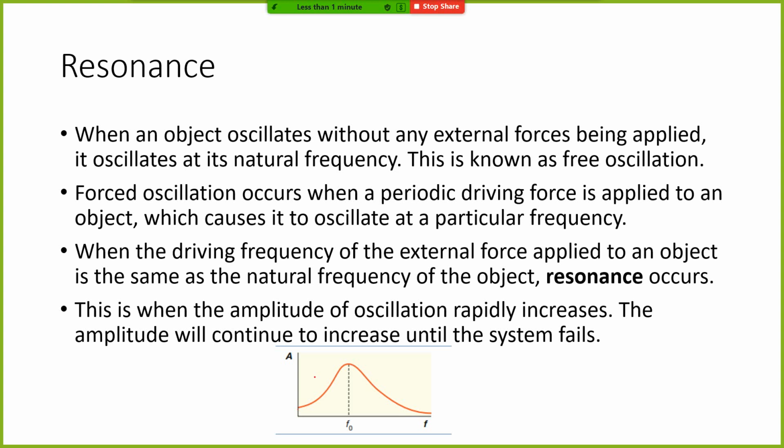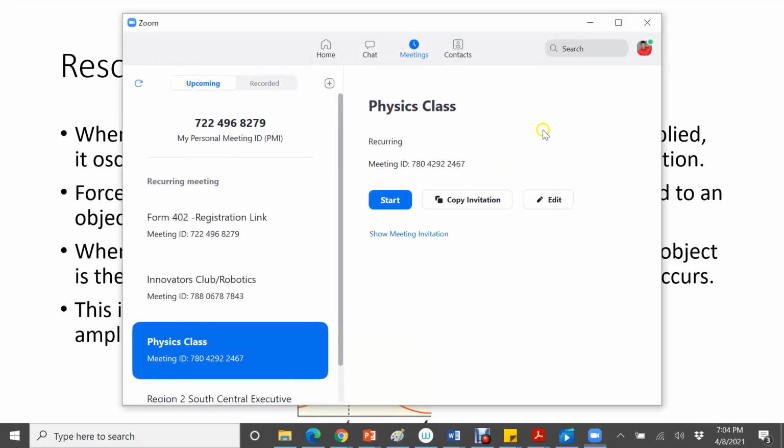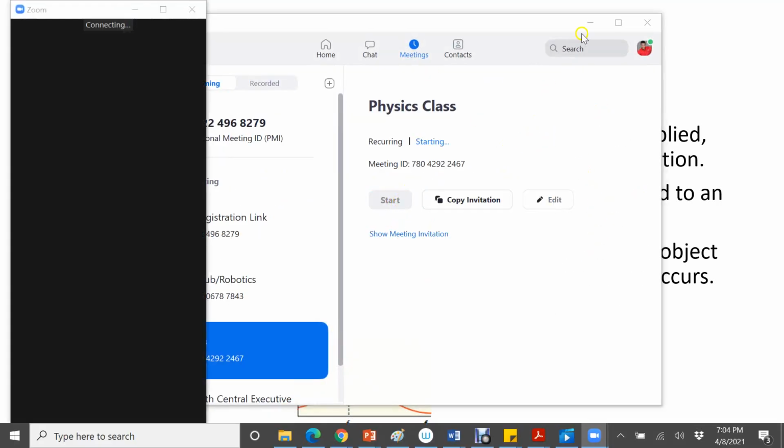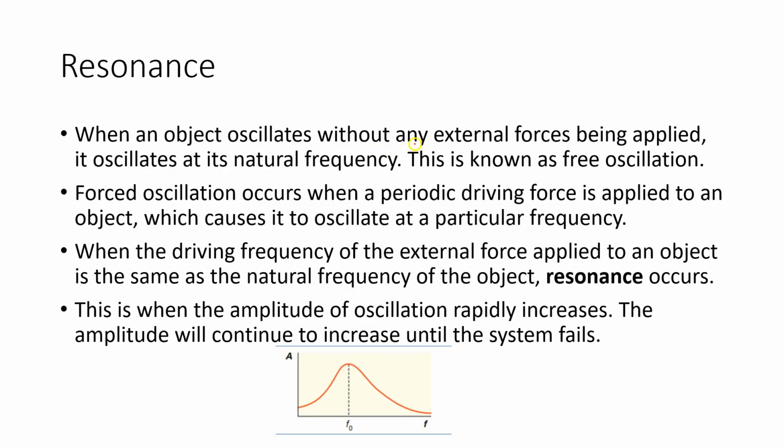If the frequency of the earthquake matches the frequency of the building, then that is when resonance will take place.